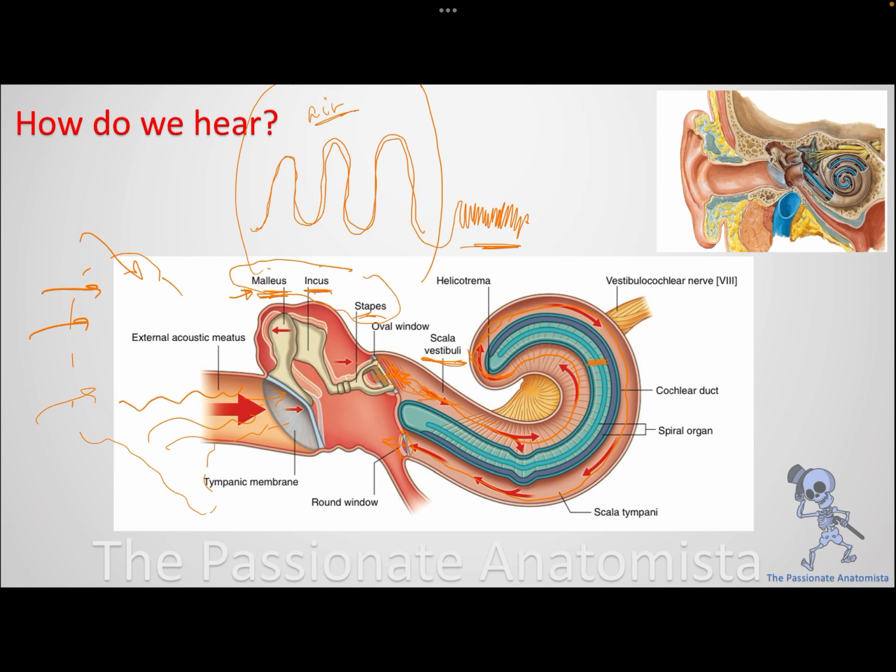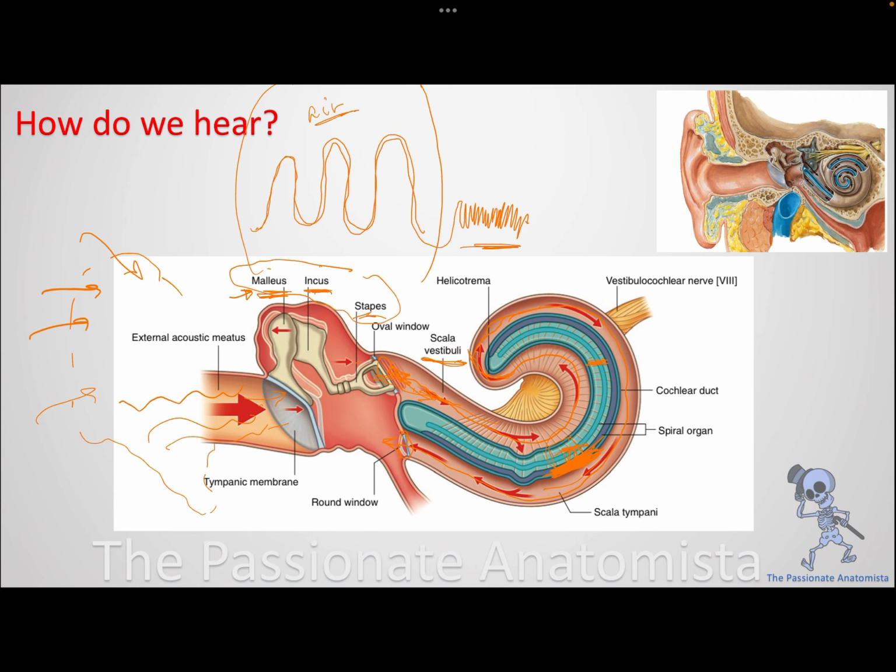On top of the scala tympani, what separates it from the media is the more important thing, because the hair cells are inside the media. This is going to vibrate the basilar membrane, and as I vibrate that, I'm going to approximate it to the tectorial membrane and activate the hair cells.